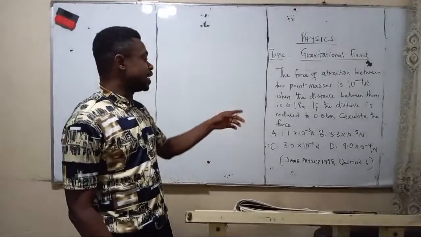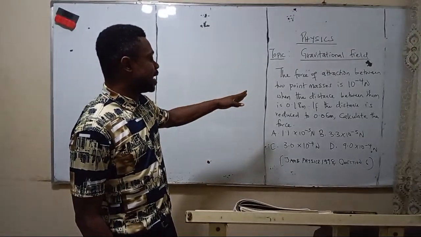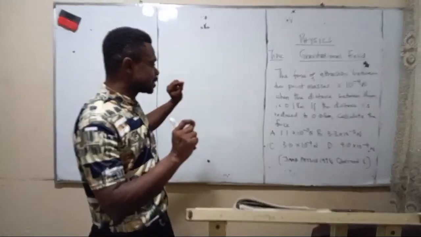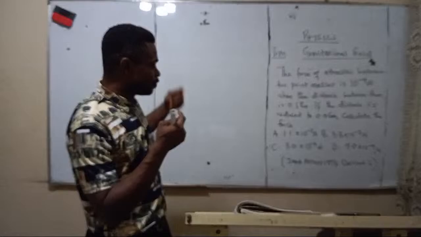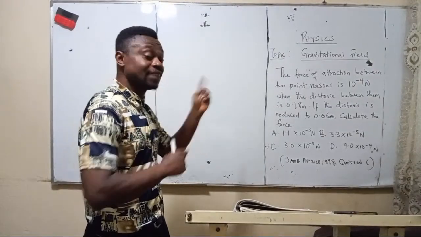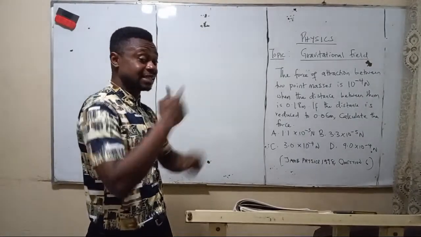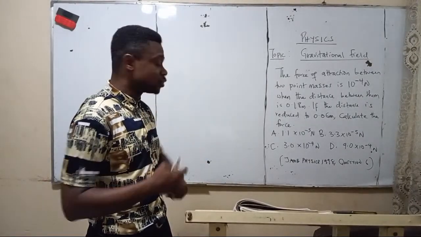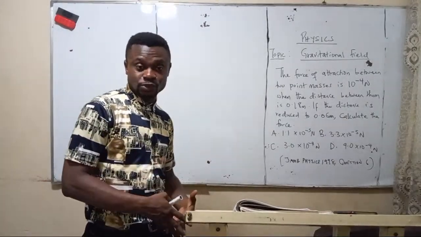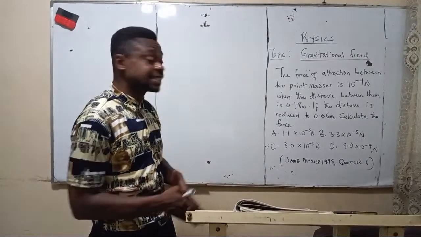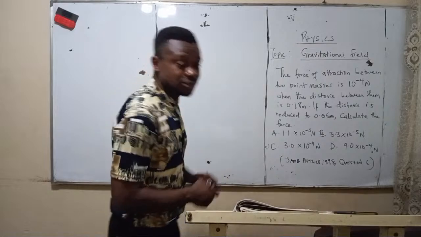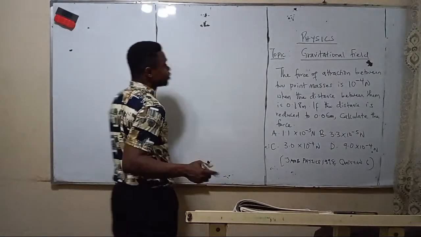So this is about what happens to the force when the distance is changed. Because the force is inversely proportional to the square of the distance, when the distance is decreased, the force will increase, and when the distance is increased, the force will decrease. So let's now solve the question. This is just an overview.